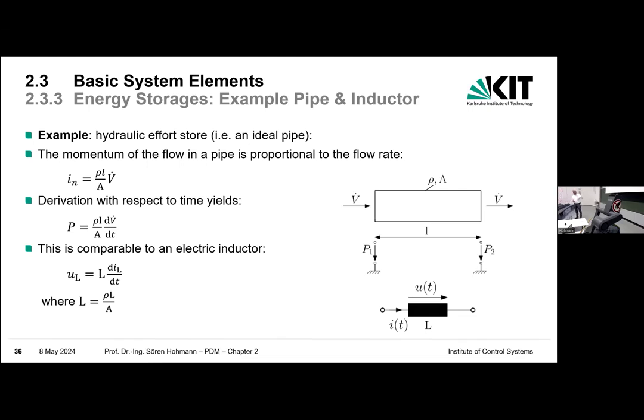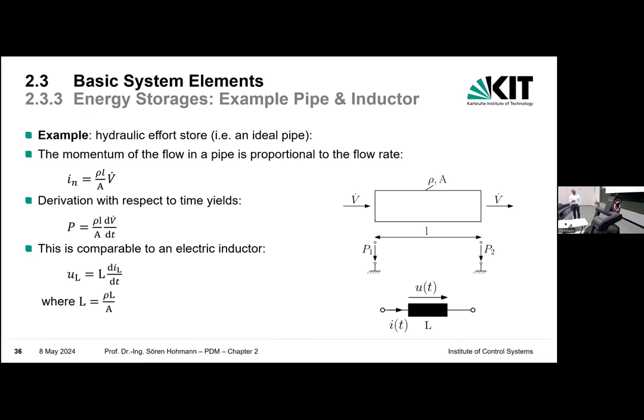And we started last time finding out the similarity between the hydraulic world and the electrical energy world, and we find the very same for pipes. On the left-hand side, if you have a very simple pipe and water flows through, then you will find the same situation in electrical engineering.